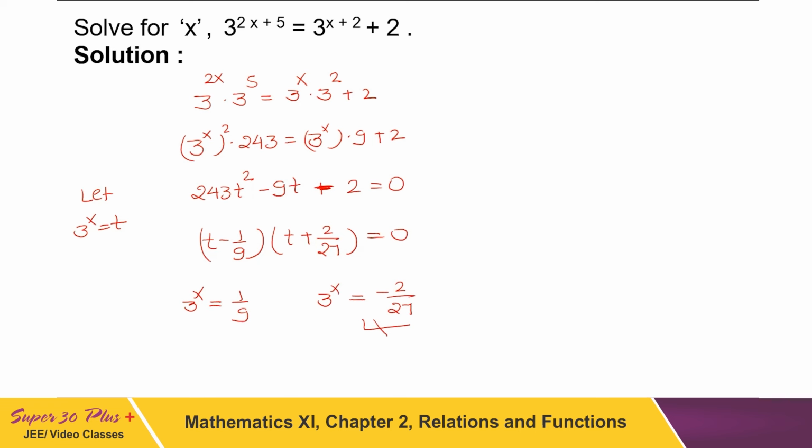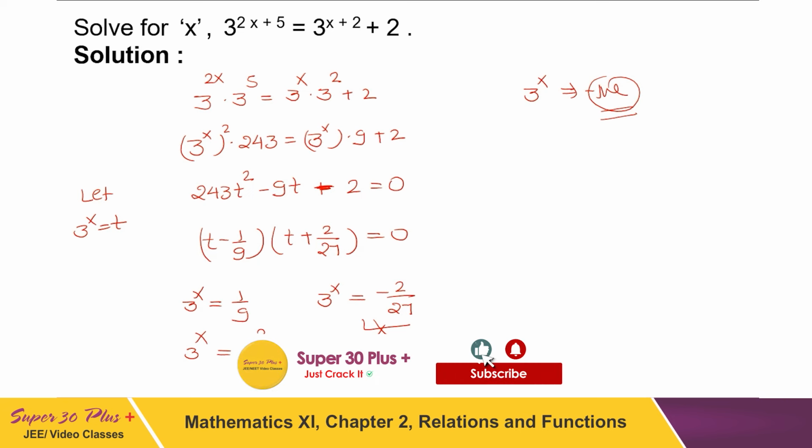It is not possible because, as we know, 3 to the power x can never be negative. That's why there is only one solution, 3 to the power x is equal to 1 upon 9, or you can say is equal to 3 to the power minus 2. Means the solution of this equation is x is equal to minus 2.